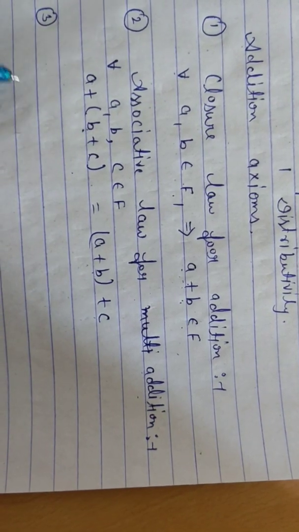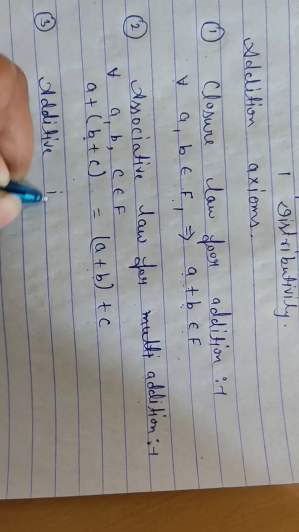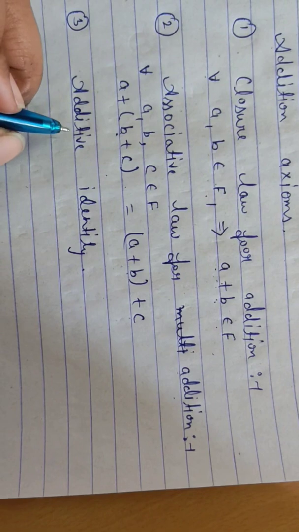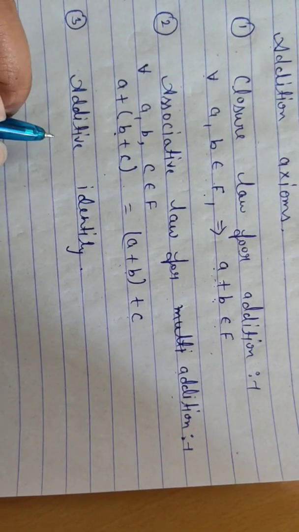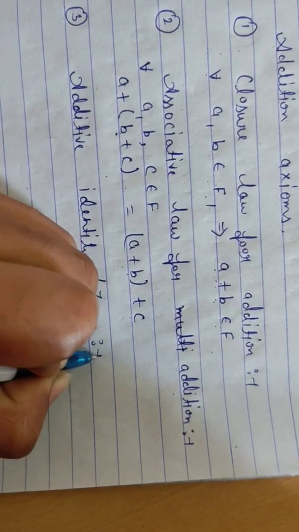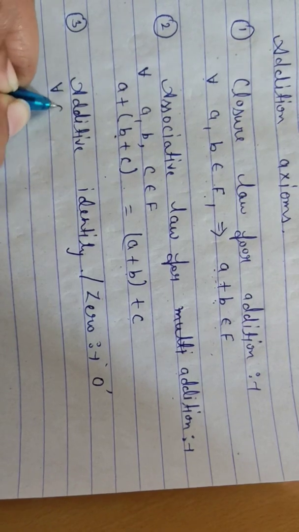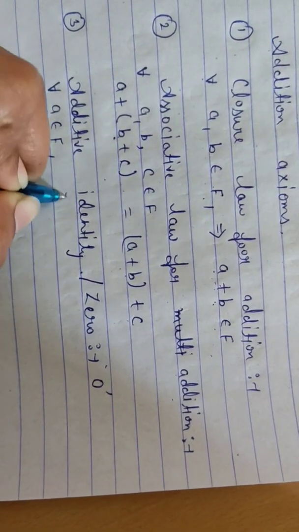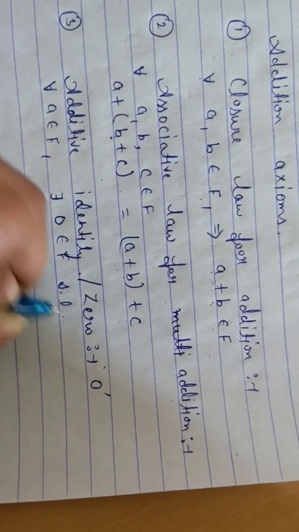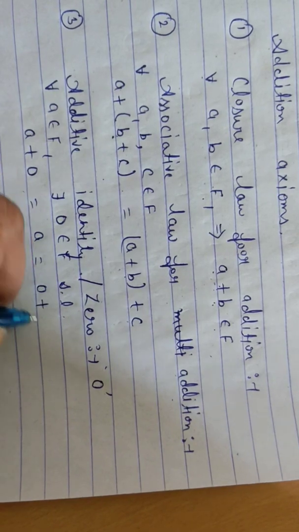Third is the additive identity. The additive identity is also called 0 and it is represented by simple 0. For each a element of F, there exists 0 element of F such that a + 0 is equal to 0 + a.